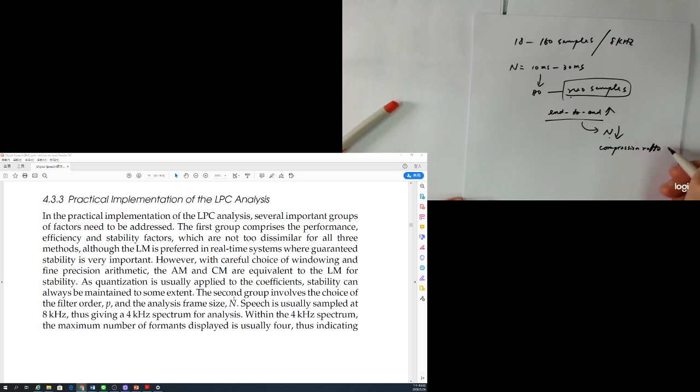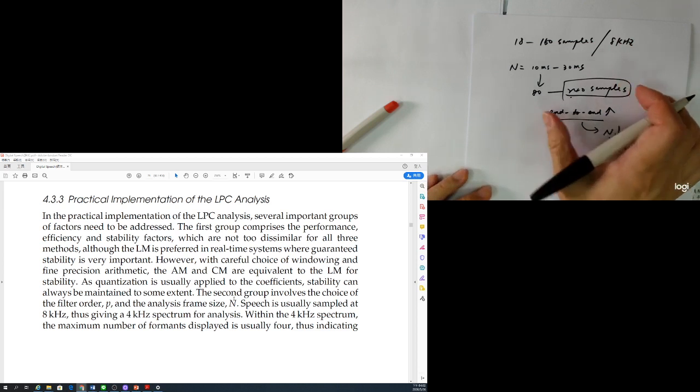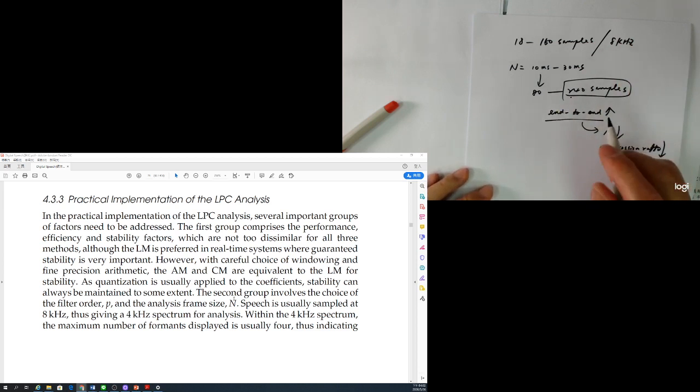The compression ratio also becomes lower, because a bigger N makes a higher compression ratio, and once N becomes smaller, it's not easy to improve your compression ratio. So you can see there is some trade-off here.